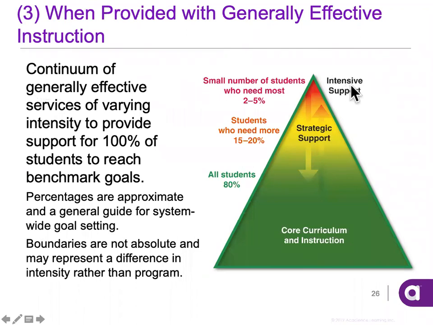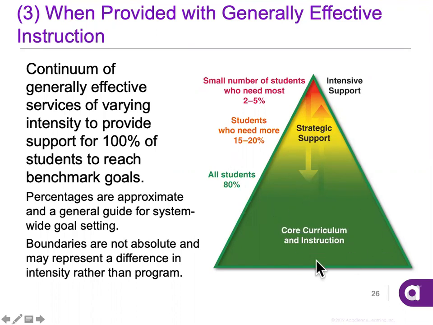The only way that you can provide what's actually intensive support, something like, let's say, an hour to an hour and a half of reading intervention, in addition to 90 to 120 minutes of core reading instruction for a 4th grader, the only way it's reasonable to provide that amount and intensity of intervention at tier 3 is if you're doing it with a very small number of students.